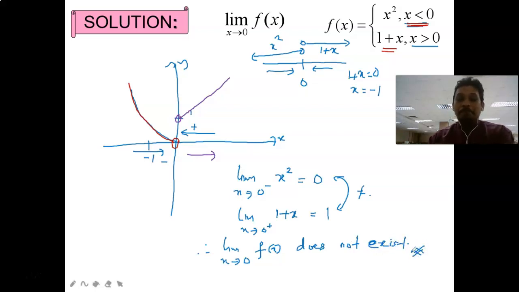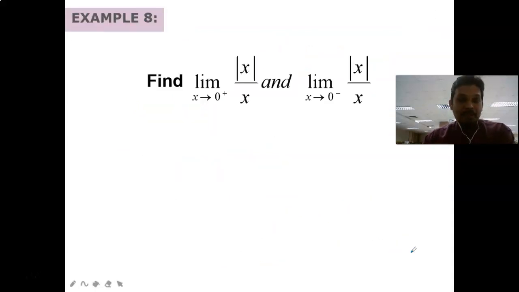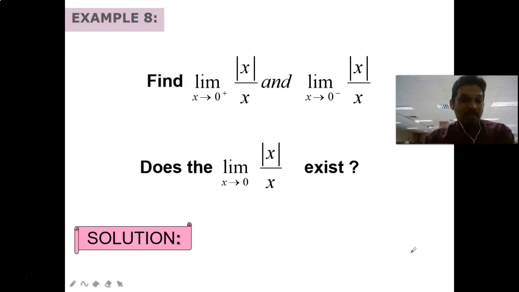Finally, of these two, does the limit exist? From here, for the absolute value of x, we can come up with x and also negative x.